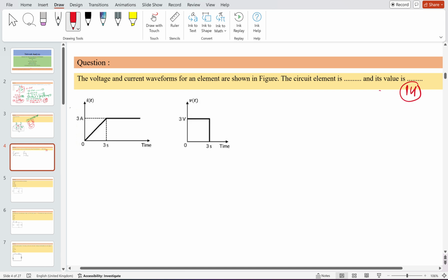Okay. Inductor and 1 Henry. Okay, let me see whether it is correct or not.